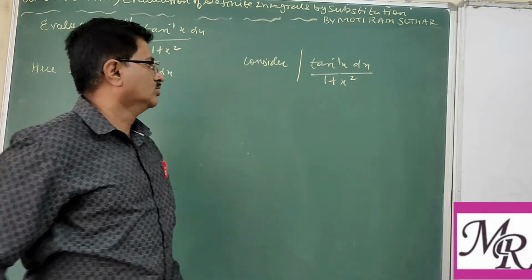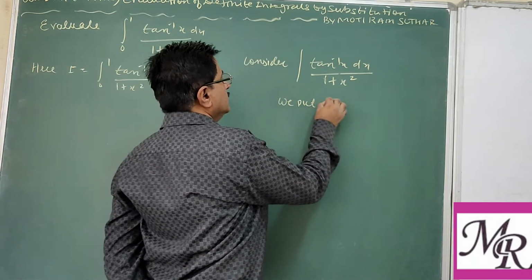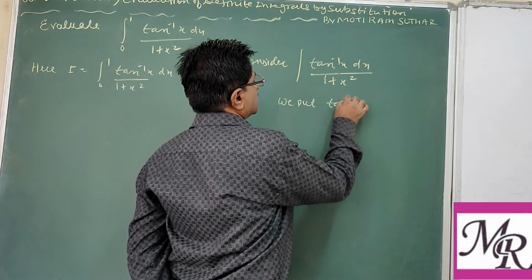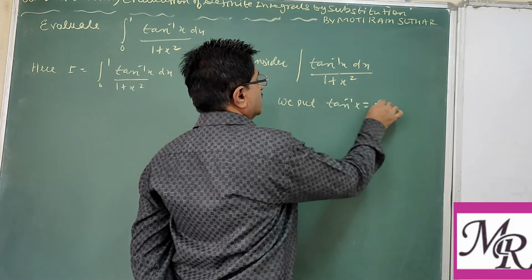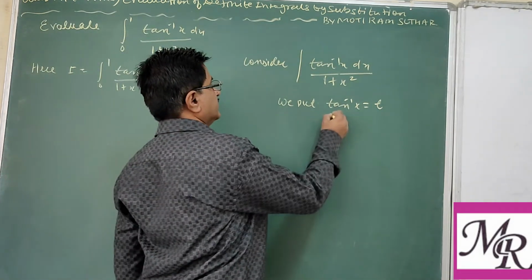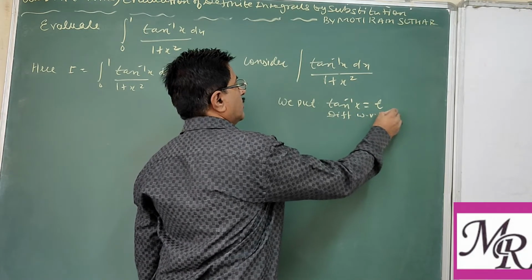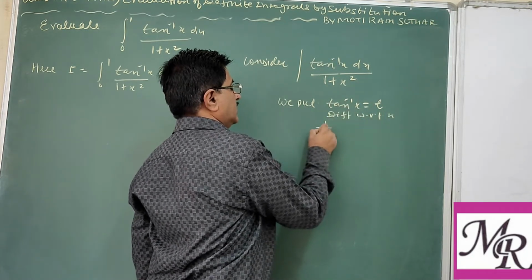That's why we can use it. So we put tan inverse x equal to t. If tan inverse x equal to t, then differentiating with respect to x, the derivative of tan inverse.